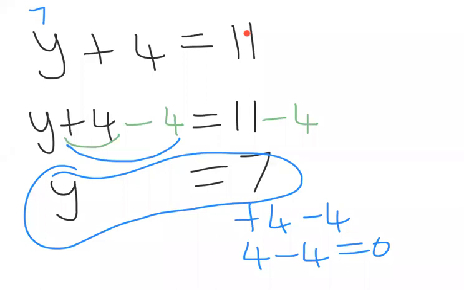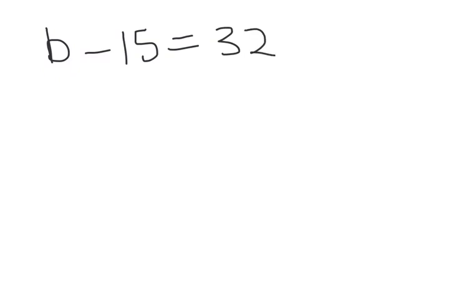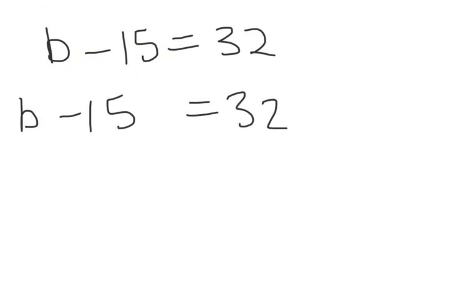Let's do one more like this, and we're going to move to something else. So let's say b minus 15 equals 32. So again, let's write it and keep some space. So what you do on the left, there's a minus 15.